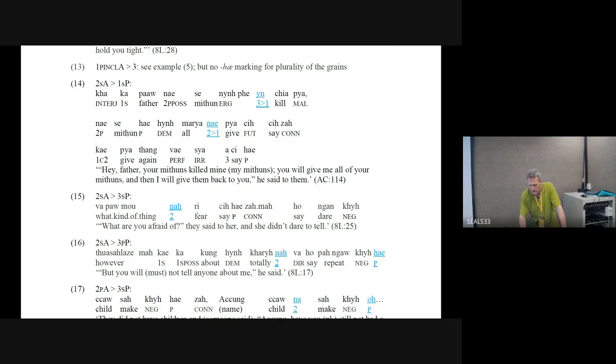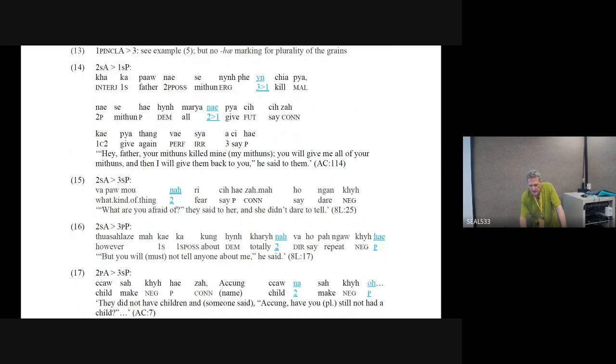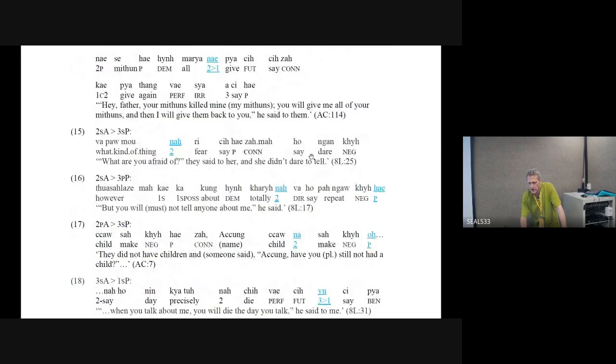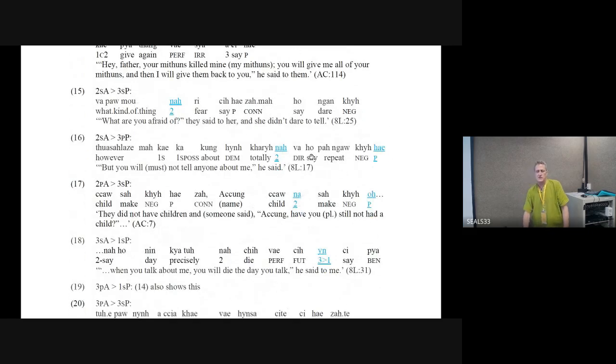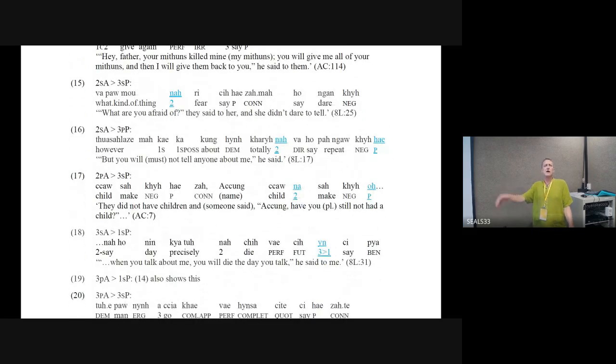Let's see, in 15, 16, and 17, these are basically instances where, as I said, the S marking does double duty as the A marking, and you don't need any special marker for the P participant because third person singular P and third person plural P are unmarked, basically.